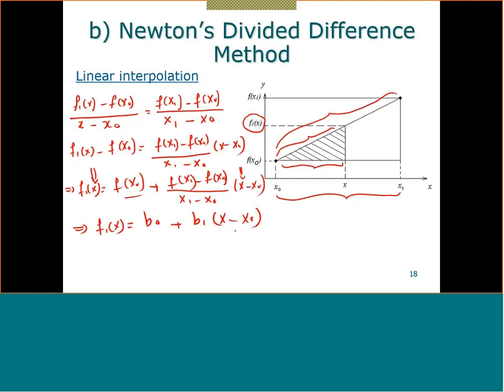So here I have two constants, b0 and b1, multiplied with x minus x0. So I have the function in terms of x. And as we will show you later on, this exactly will be the same as f of x equal to a0 plus a1 x. This will be exactly the same function, and we will show you this in a few slides.